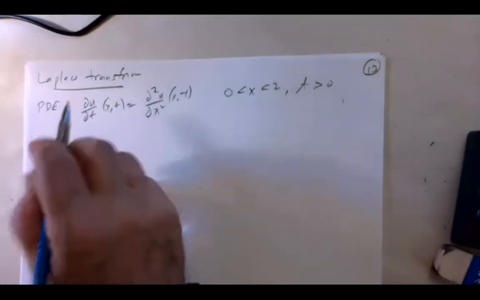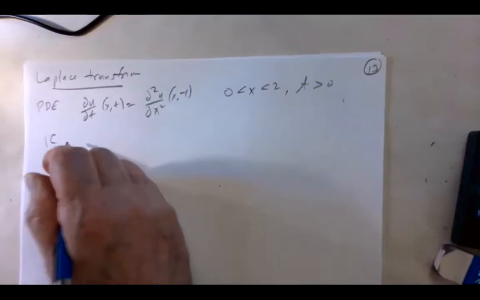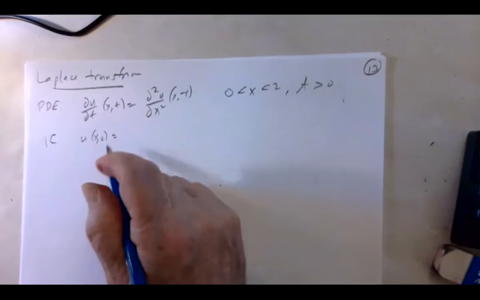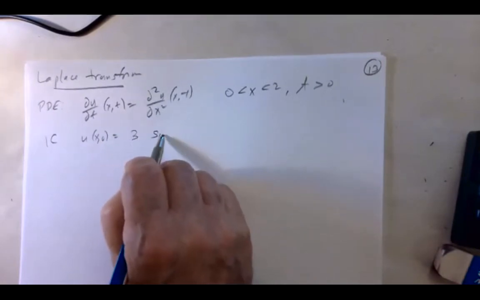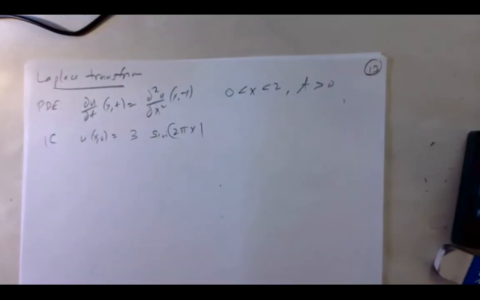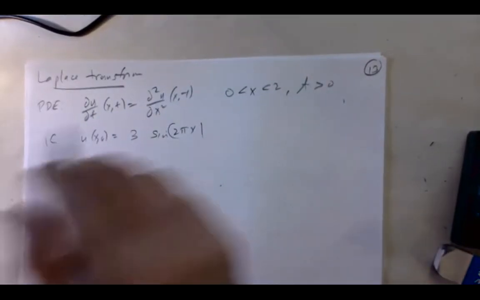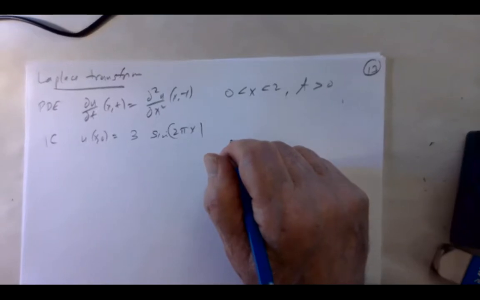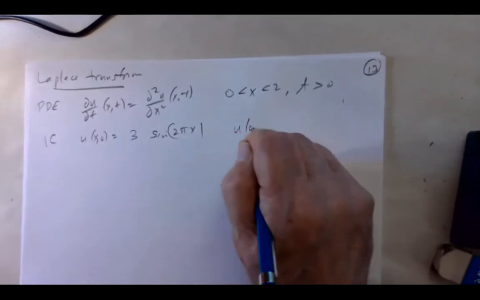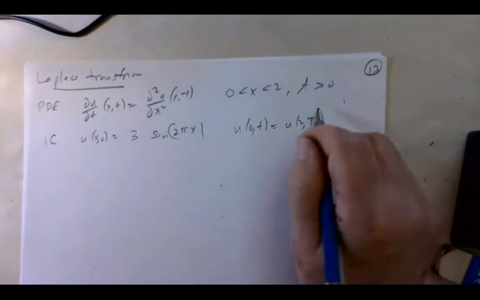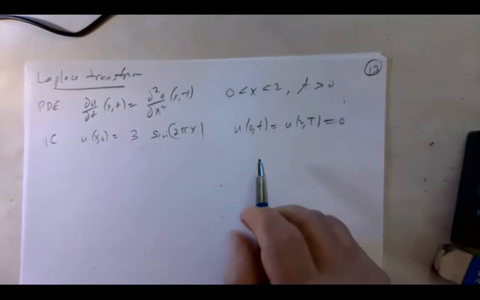And let's say we have the initial condition that u of x, 0 is equal to 3 times the sine of 2 pi x, and the boundary conditions are u of 0, t and u of 2, t are equal to 0.